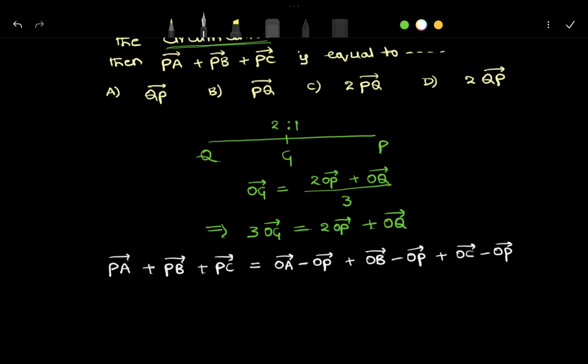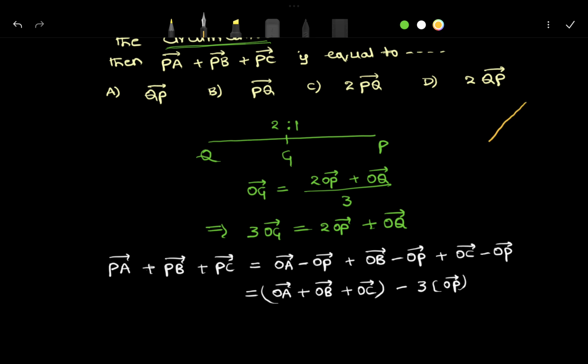So totally you can write OA bar plus OB bar plus OC bar minus 3 into OP bar. Here you have to revise one important concept.